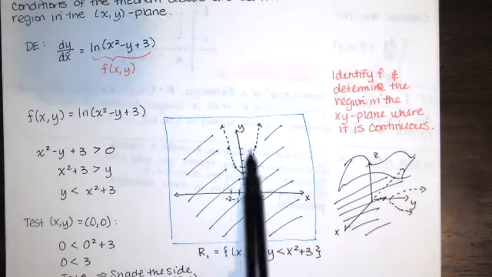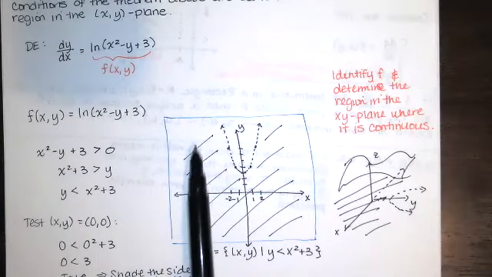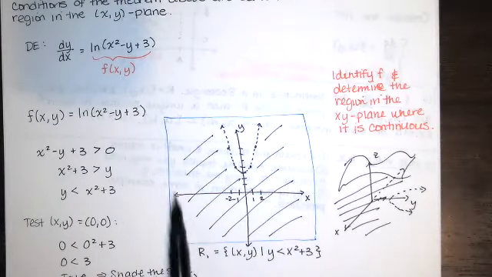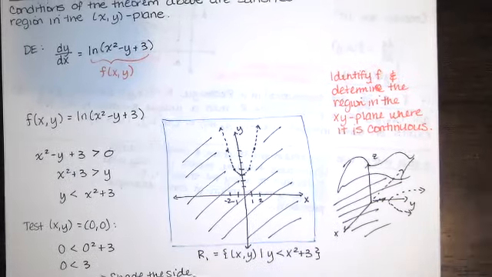If x naught y naught is over here, we're going to have a problem because we'd be taking the log of a negative number. But it turns out that this time we're guaranteed a unique solution as long as x naught y naught is one of these points out here, or any point in the region where y is less than x squared plus 3.